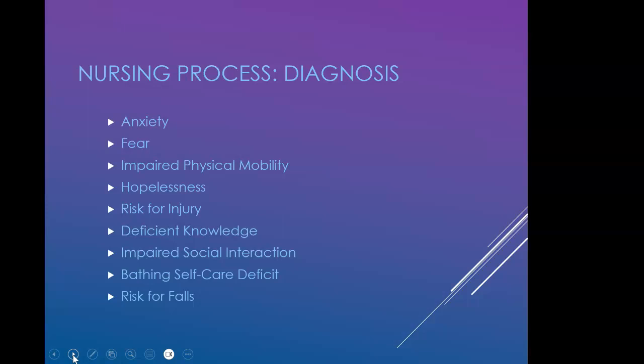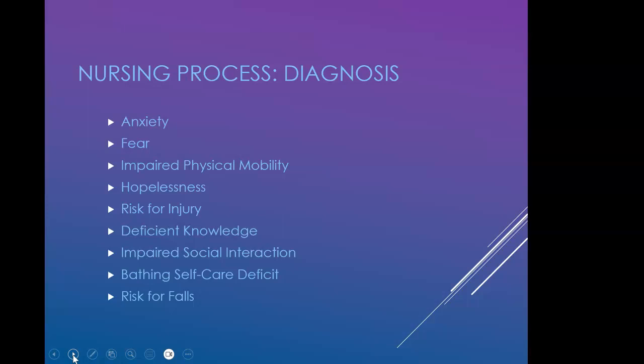All of them are related to a person having a sensory deprivation. They could experience all that. So if you run into a patient and a patient is having that, that will be a diagnosis for them.